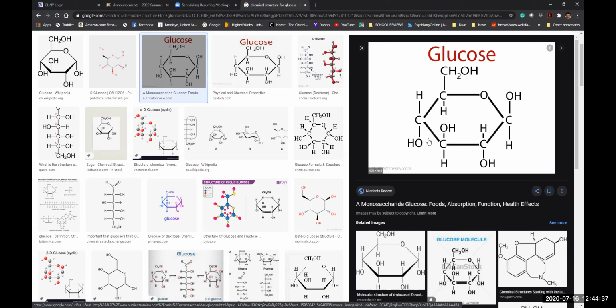You don't need to remember the structure of glucose. You just need to know 2 facts about glucose: that this is a building block for carbohydrates, and it has 6 carbon, 12 hydrogen and 6 oxygen.